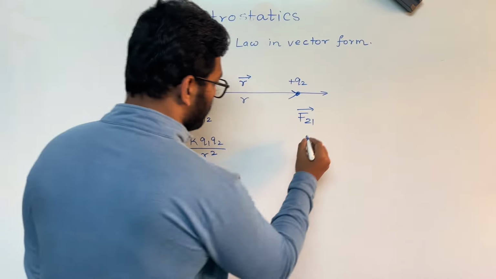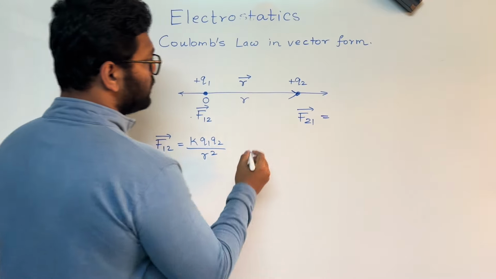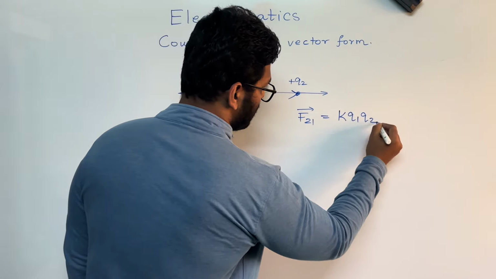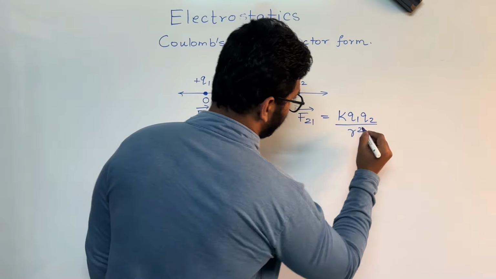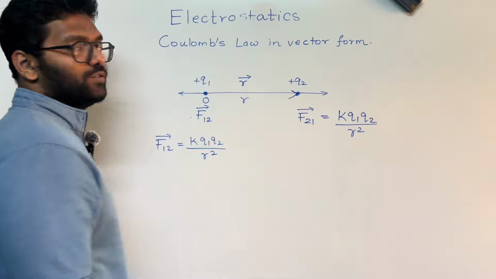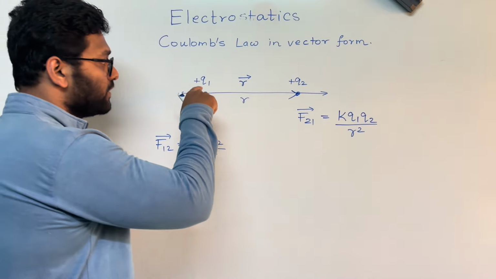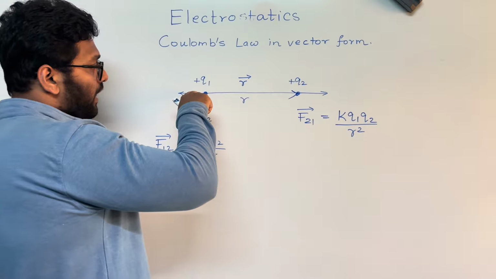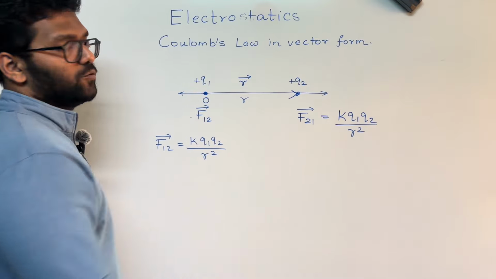So to write F21 bar, the force is in the right direction. It will be K Q1 Q2 divided by R square, and the direction is along the line joining these two charges. The electrostatic force is a central force, which means it acts along the line joining the two charges.